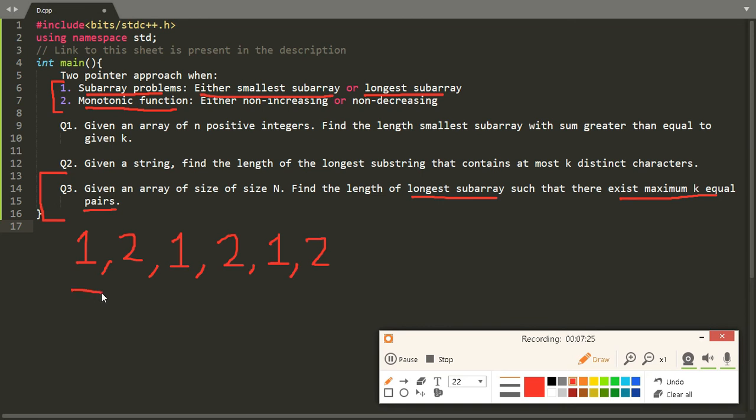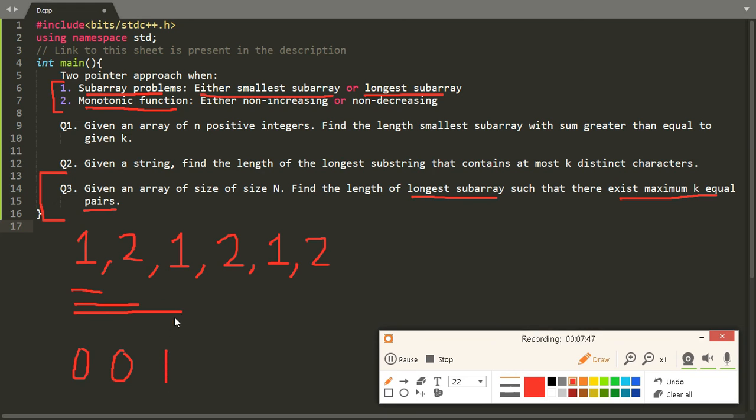Now if we count the equal pairs in this, the number of equal pairs is 0 because it is a subarray of size 1 and no pair exists. In this subarray, the number of equal pairs is also 0 because there is no pair which is equal.